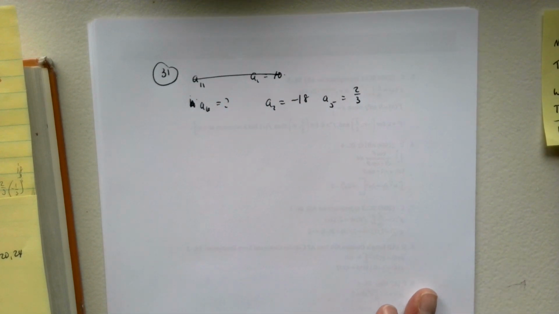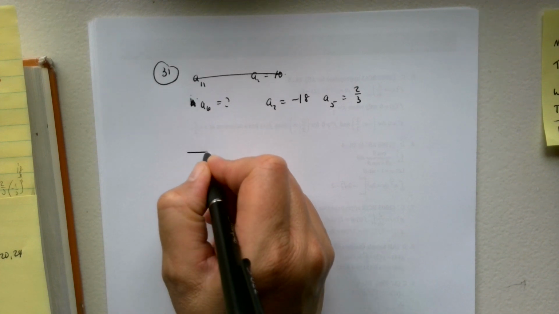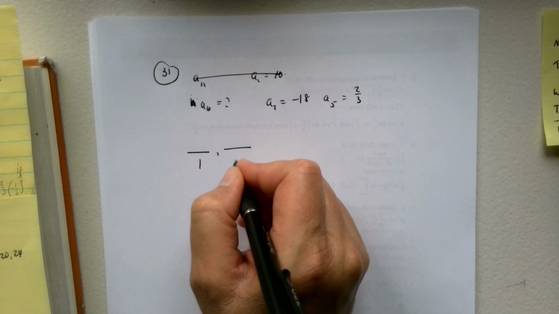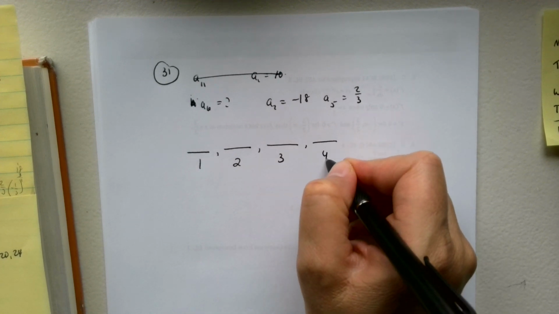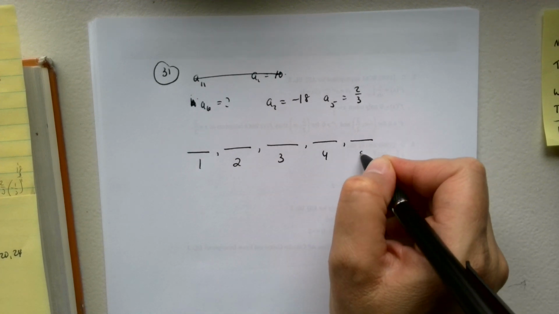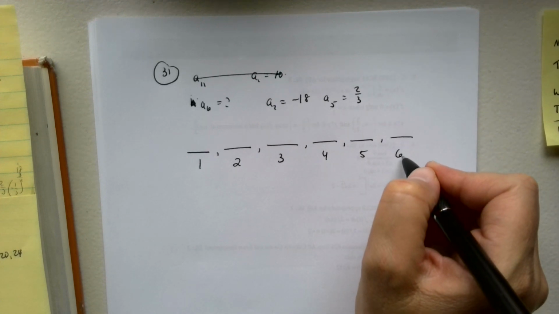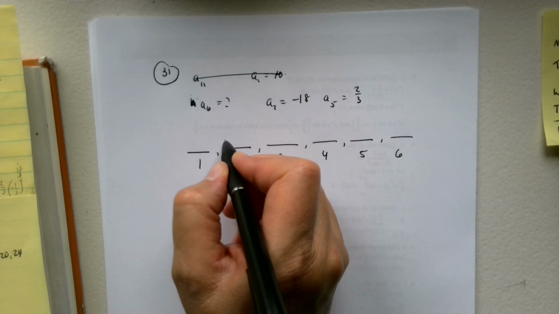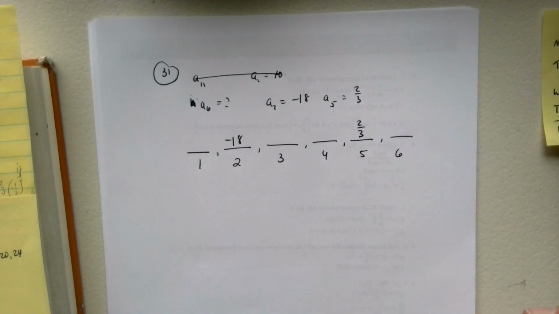All right, well, if we knew the recursive formula, we could find that really easy, but we don't. So let's do a little work here. I'm just going to make a space for our terms. So we're looking for this term. We don't know the first one. We know the second one is negative 18, and we know the fifth one is 2/3.